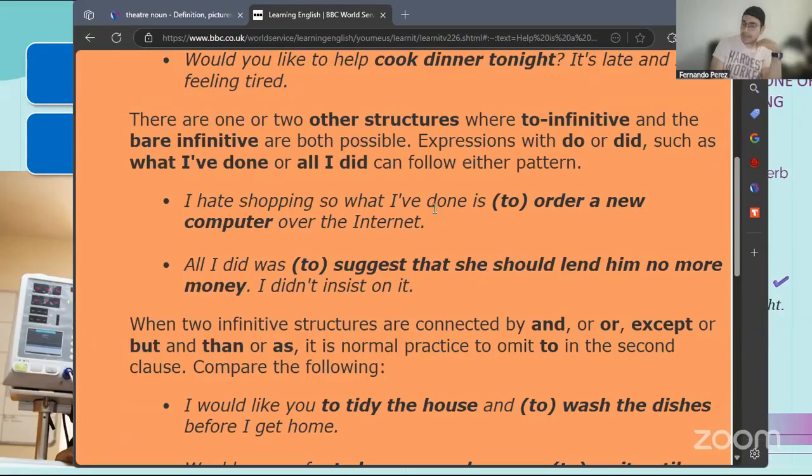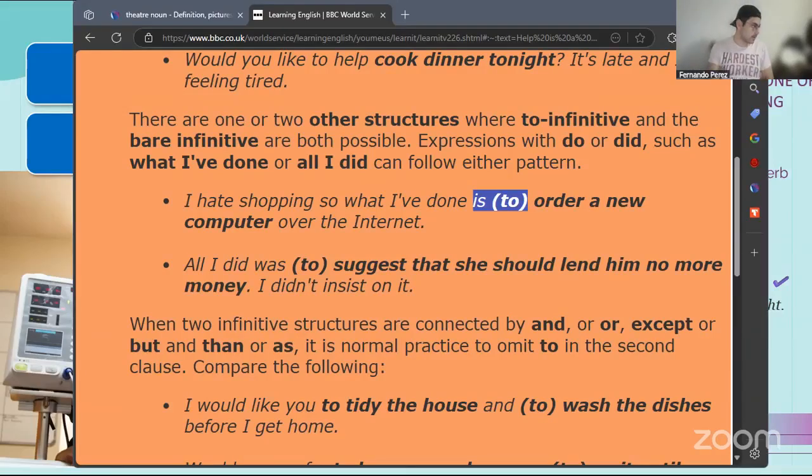Okay. I suggest you open the glossary, create a new chunk, a new idiomatic expression, and let's use what I've done, and then parentheses, be, parentheses, to.